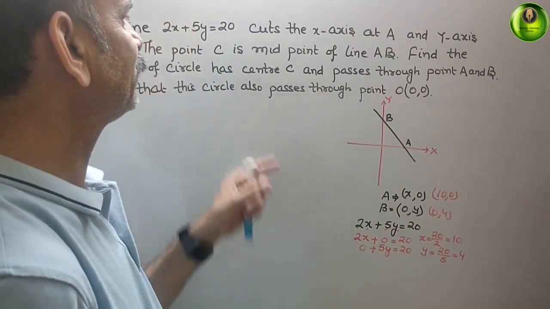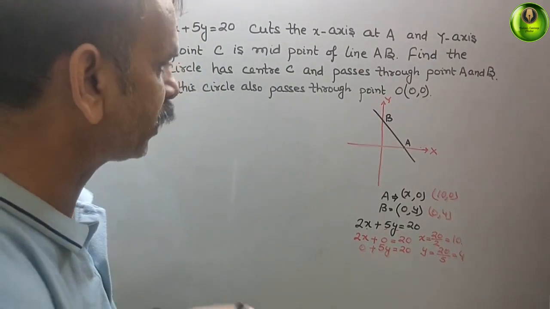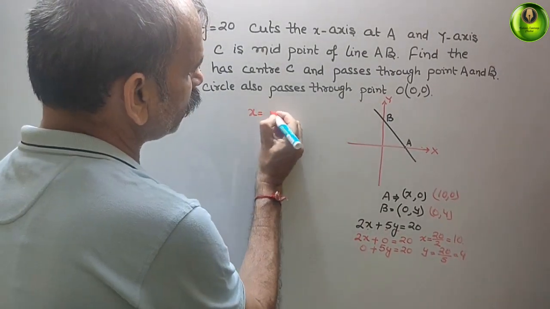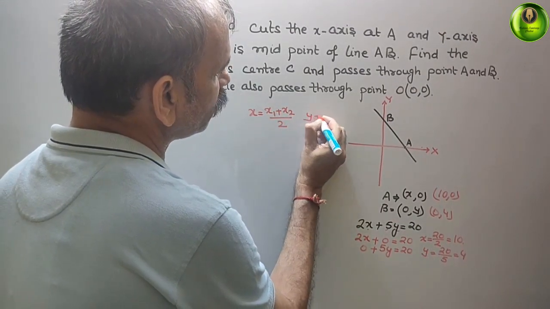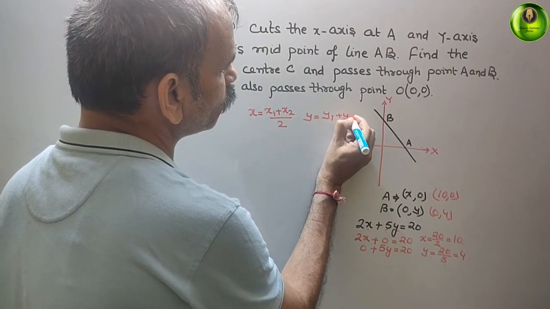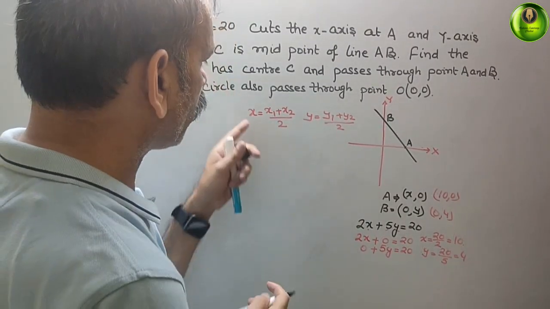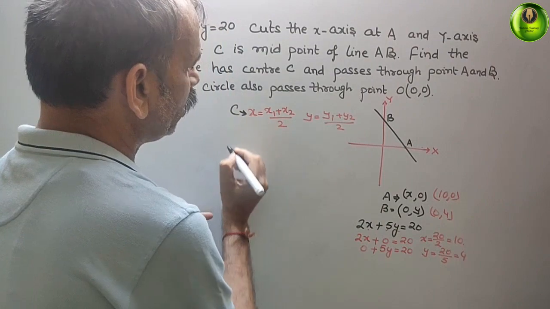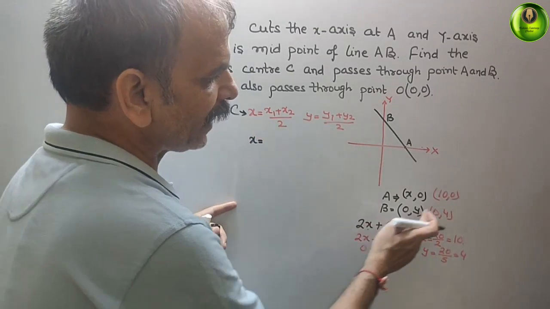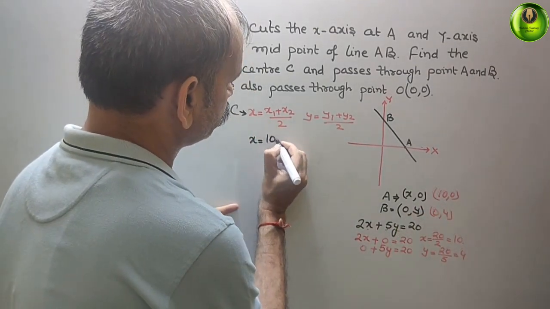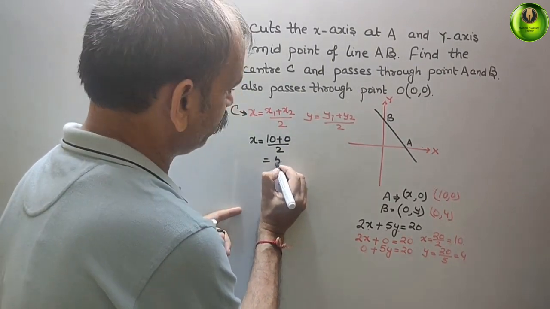They have told that C is the midpoint of AB. So the midpoint formula: x is equal to (x1 + x2) by 2, y is equal to (y1 + y2) by 2. Therefore the coordinate of C: x is (10 + 0) by 2, that is 10 by 2 is 5.